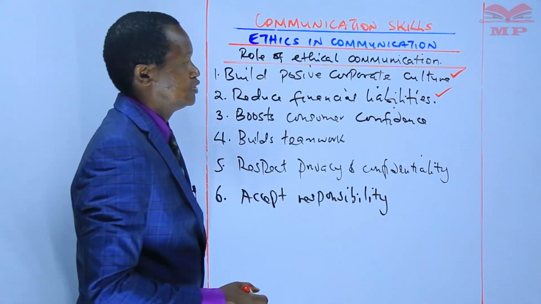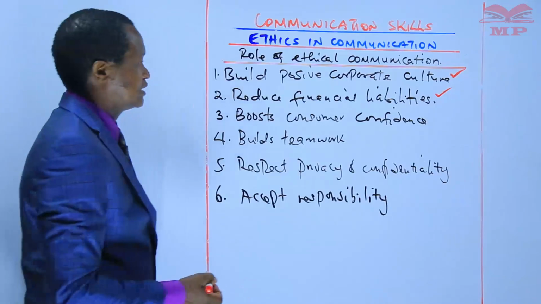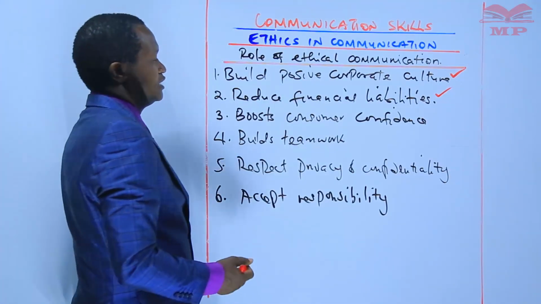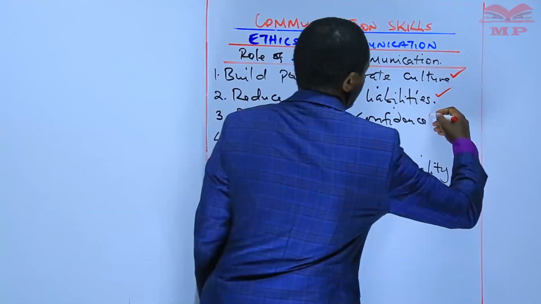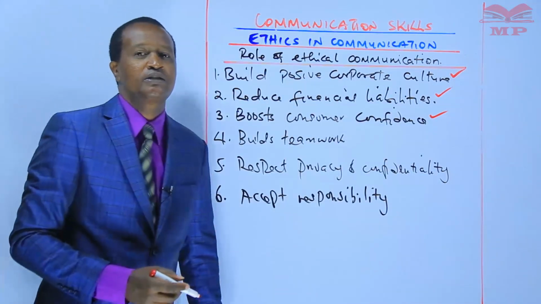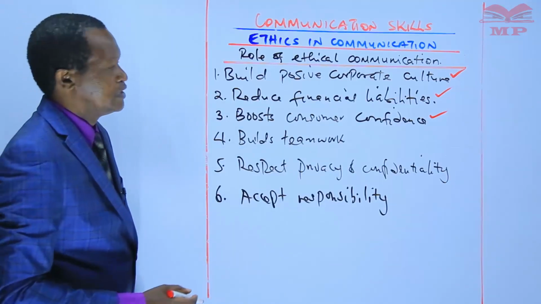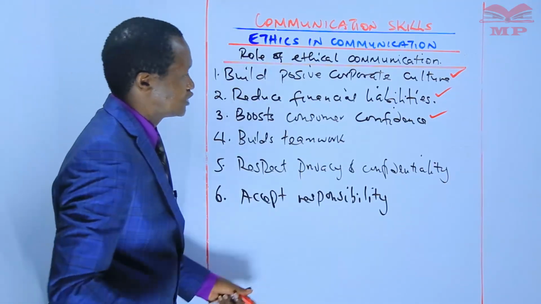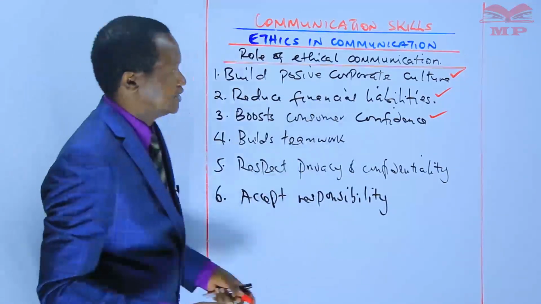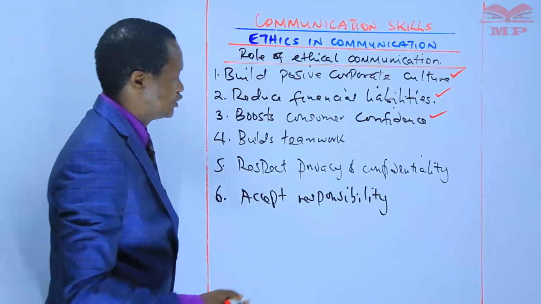It's possible to lose such a client, and that can lead to financial loss or liabilities. Then there is the area on consumer confidence. The confidence of customers can be boosted if a company adheres to ethical communication.